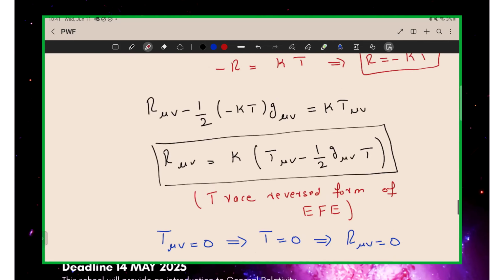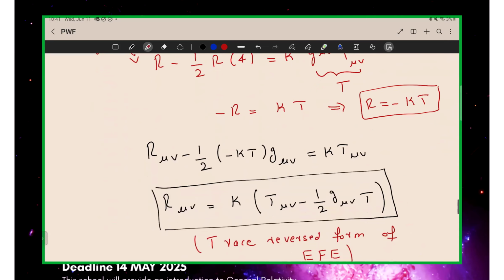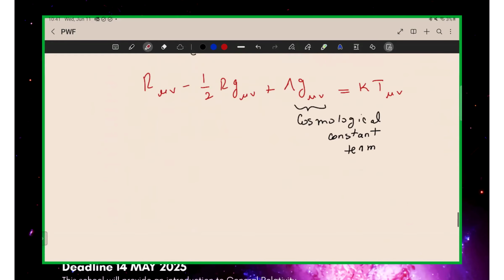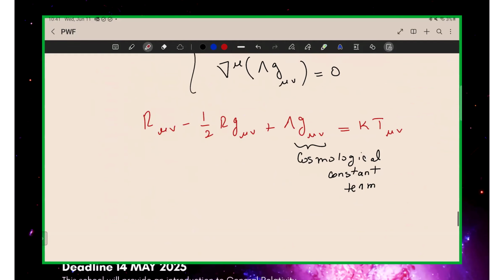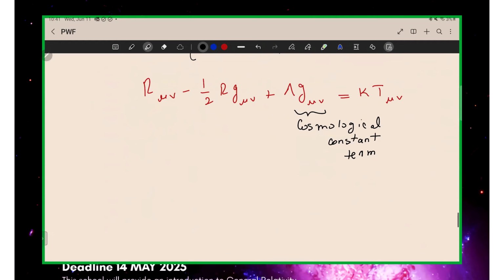So when I wrote down the Einstein field equation, I wrote down its trace reversed form like this, right? I can do the same thing with the equation with cosmological constant. So let's contract both sides with a metric.